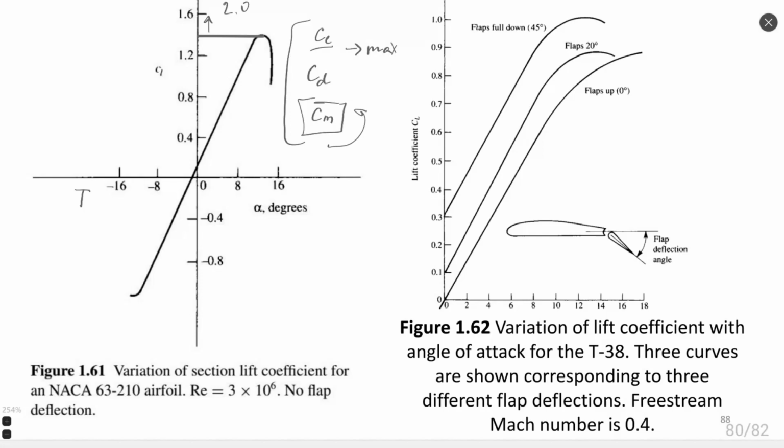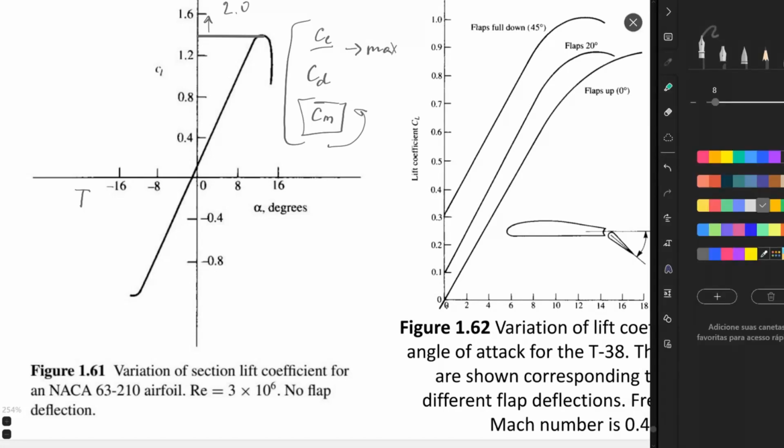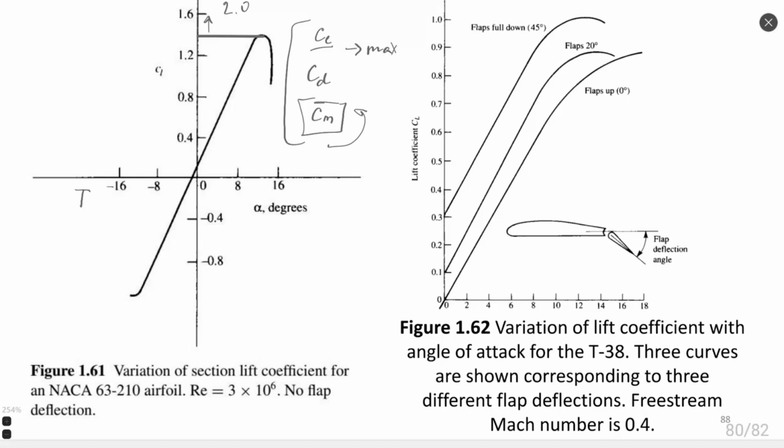Lift coefficient can be positive for positive angles of attack and for small negative angles of attack as well. And lift coefficient also can be negative for big negative angles of attack. It's normal. Sometimes lift coefficient can go through the origin of coordinates, as you can see on figure 162.